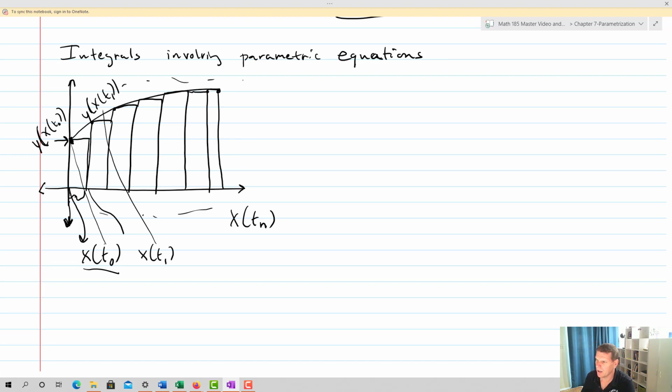Those are the values that we're going to get in order to find the overall height of our rectangles.